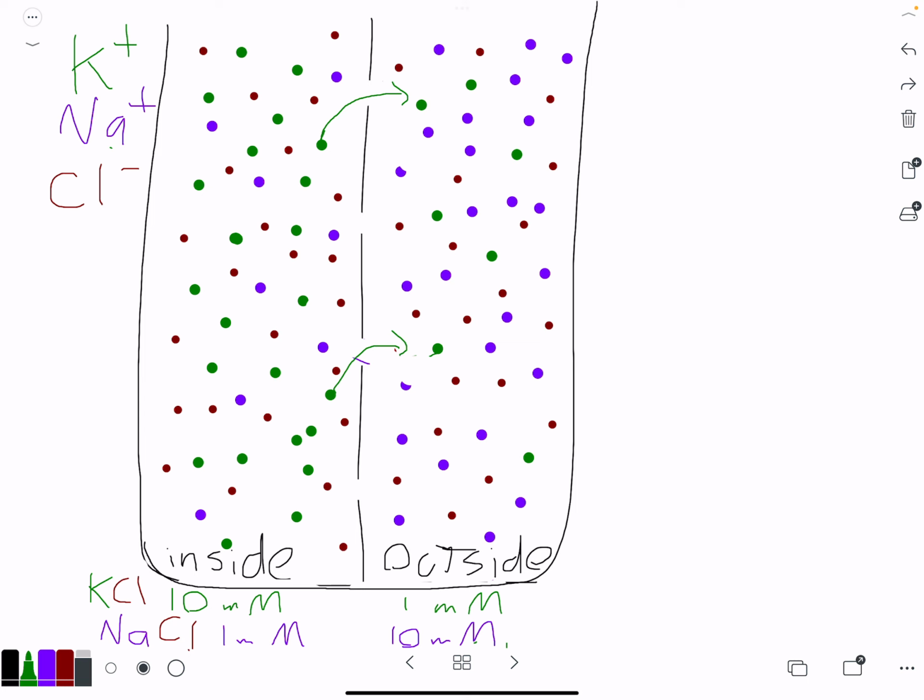What if I were to add more potassium to the outside here? You're not going to get as strong of a chemical force pushing it from the inside to the outside. And by changing that concentration, you're going to reduce that membrane potential. It's not going to be negative 58, but it's going to go towards 0. It won't be as strong.